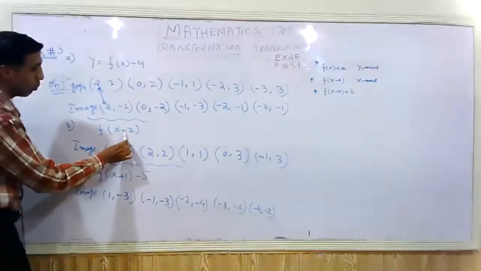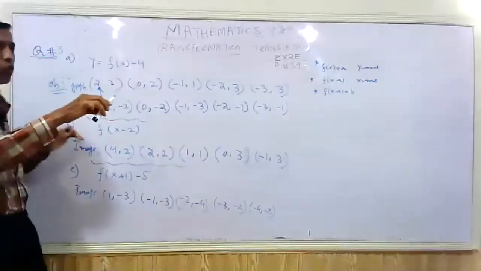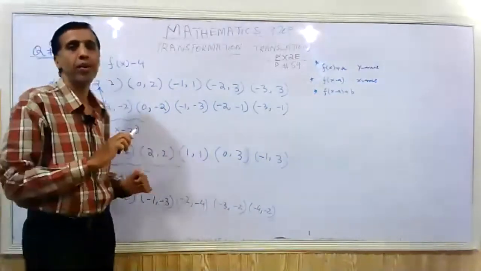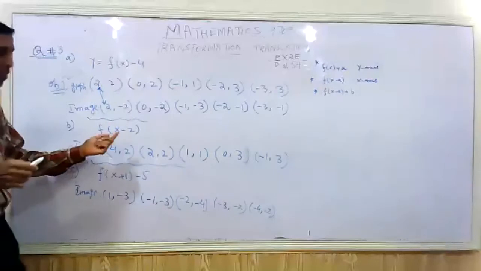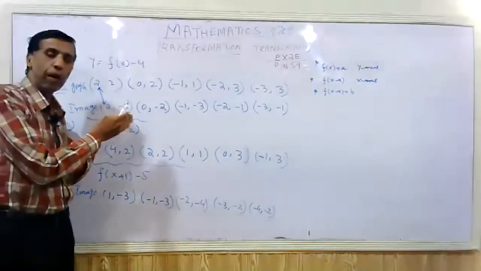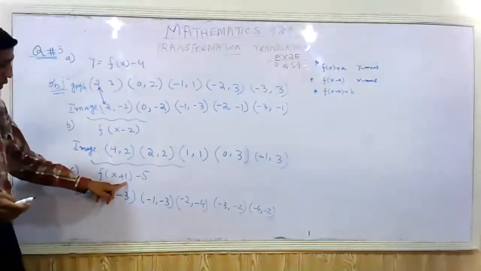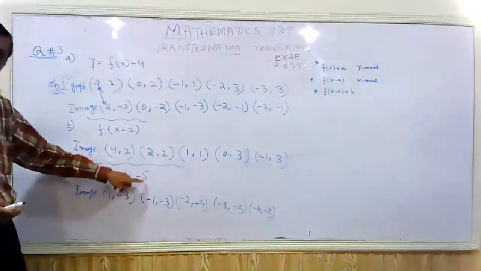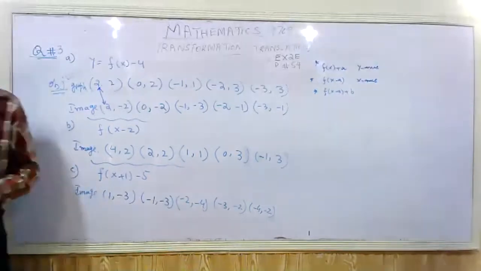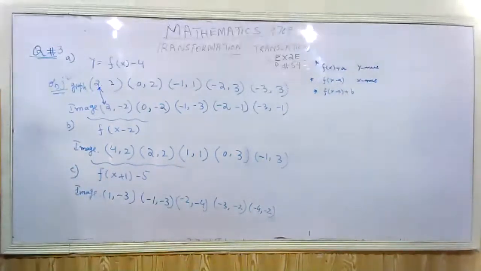And this minus 2 means you have to move 2 units forward. If you find plus, then 2 units backward. The third law is the combination of these two laws: 1 unit backward, 5 units downward. This was the third type of the question. He may ask about it.